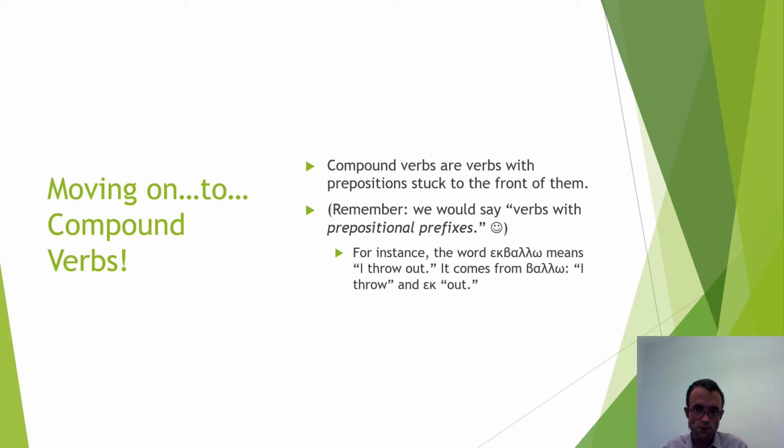So what happens if those kinds of words get stuck to the beginning of a verb? In Greek, this happens all the time. And we would call them verbs with prepositional prefixes. For instance, the word ekbalo means I throw out. It comes from balo, which means I throw, and ek, which means out.